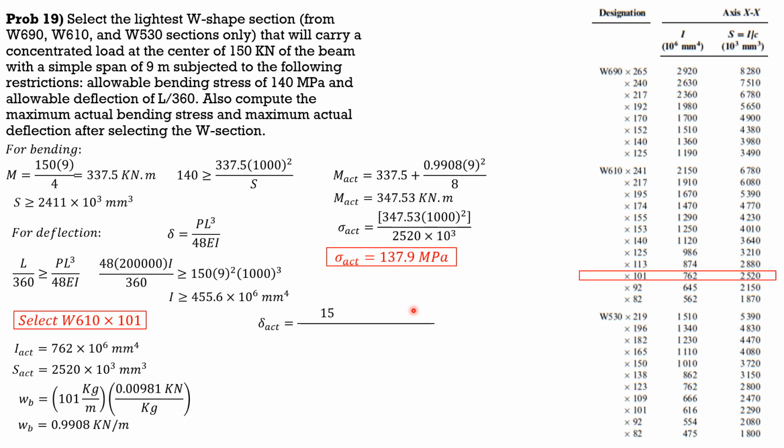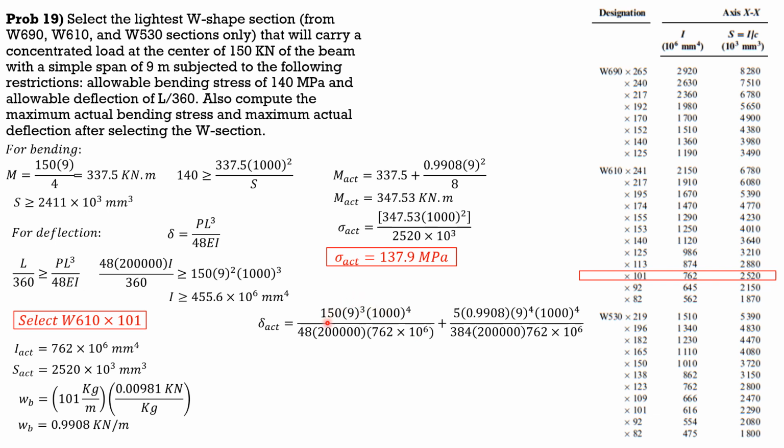For actual deflection, it is PL cubed times 1000 to the fourth to convert that to Newton mm, over 48 EI. So that will be in mm, plus 5wL to the fourth times 1000 to the fourth to convert it to Newton mm cubed, over 384 EI. So that will also be in mm.